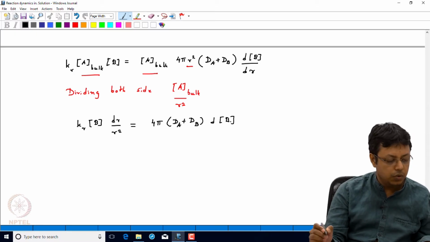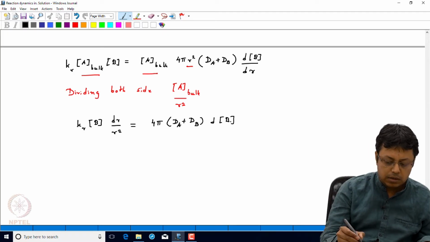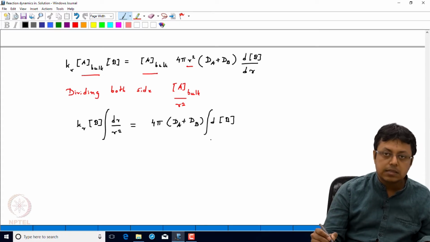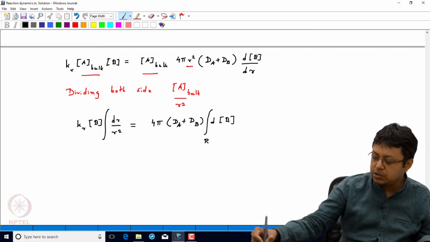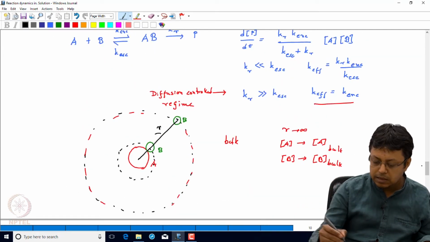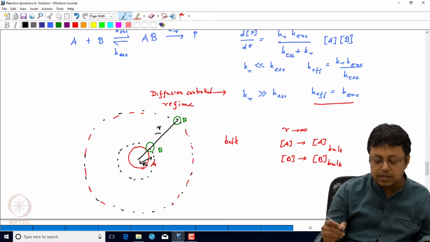Now, of course, we are going to integrate this equation, remembering the fact that if I integrate it at a particular distance, let us say r, which is this distance, because this distance is important.